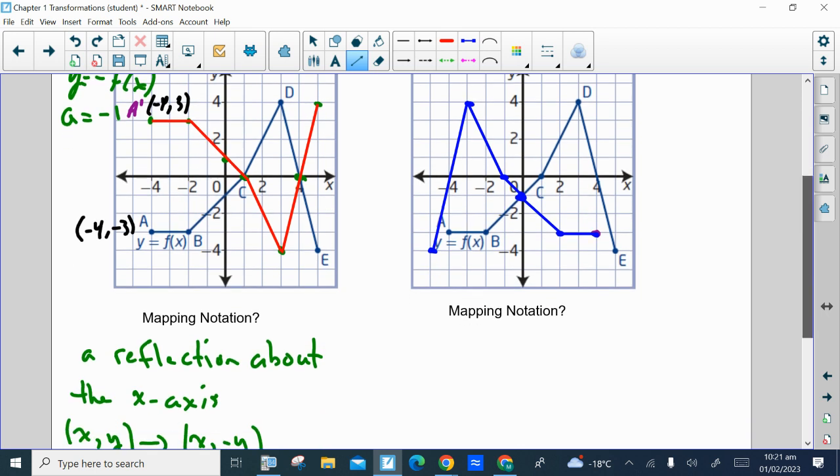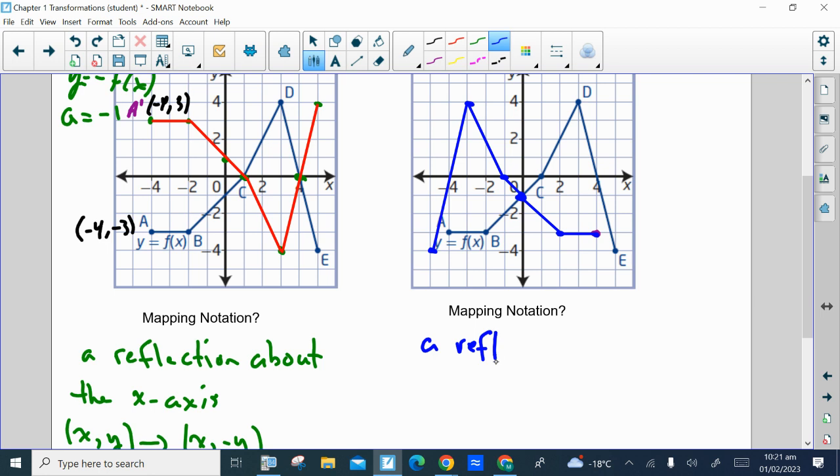So if we're going to describe what's happening here, in this case, there was a reflection about the y-axis. And if you compare points, point A was at the point -4, -3.